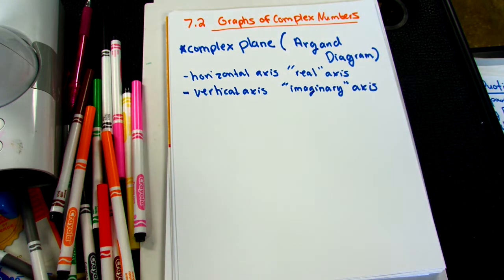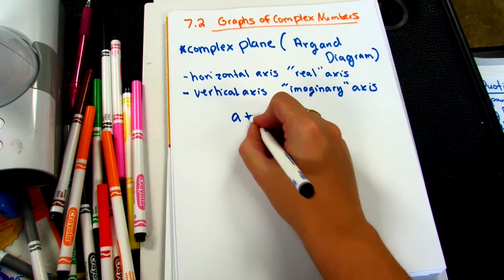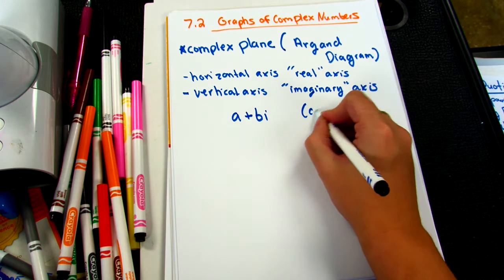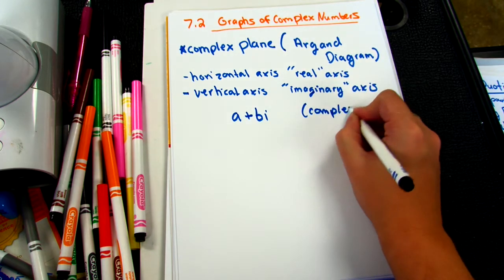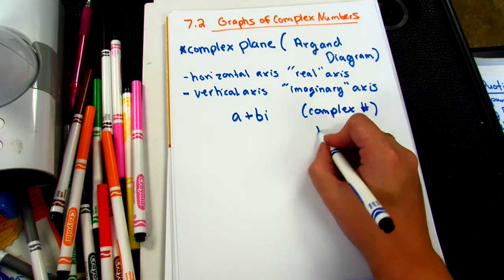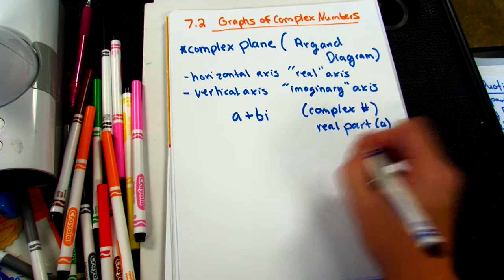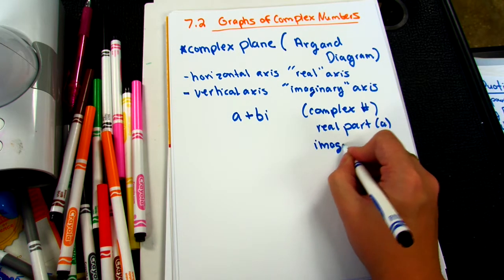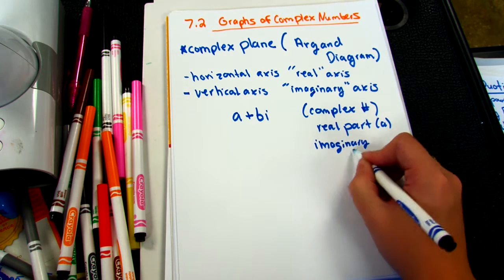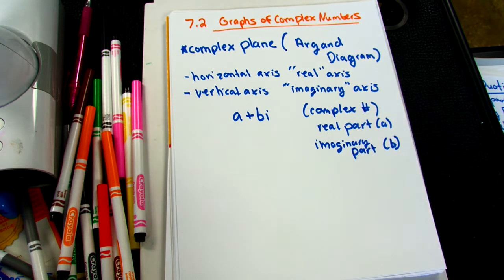All right, so a complex number, which we said was a plus bi, has two parts. It has a real part, which was a, and an imaginary part, which remember we said was just b, does not include the i, it is just b, right?